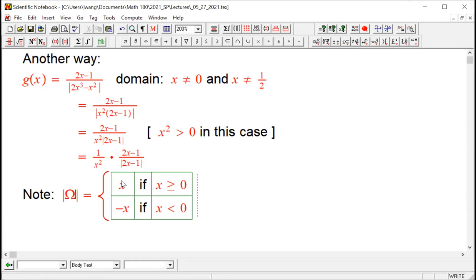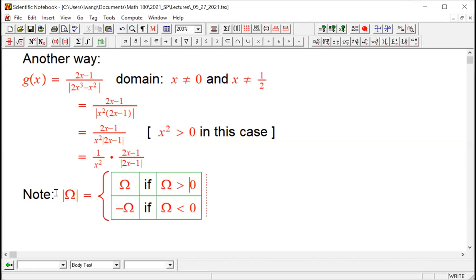I want you to watch the process, okay? Watch and write down the process. I'm showing you the process, how these things evolve, how that symbolic operation is done. Well, 0 is not in the domain, so I'm going to remove the 0.